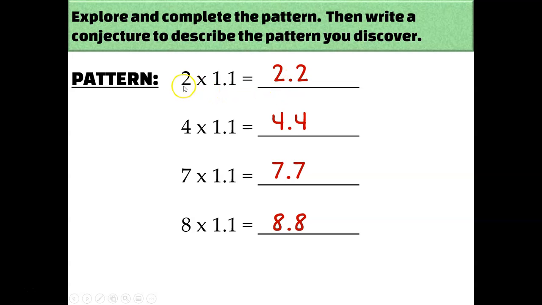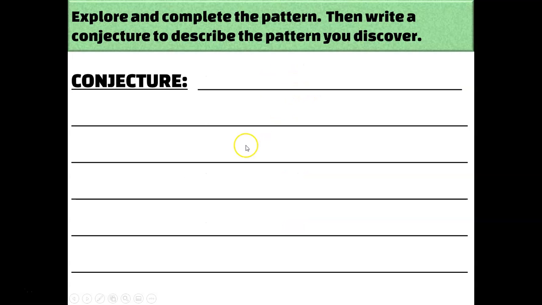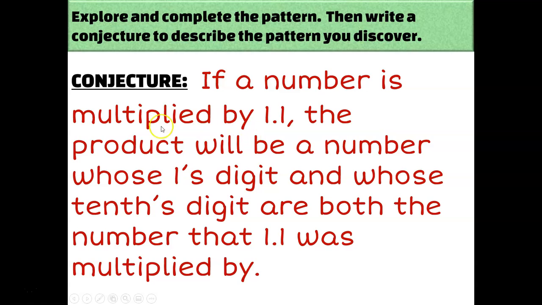Well, it looks like we got the same number that we multiplied 1.1 by, but we got it twice, with a decimal in between. So let's write that out as a conjecture. If a number is multiplied by 1.1, the product will be a number whose ones digit and whose tenths digit are both the number that 1.1 was multiplied by. Now, I use my fancy math words like tenths digit.